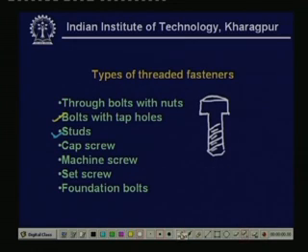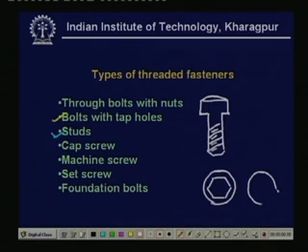this looks like this here, then there is a hexagon slotted over here. Sometimes the head shape also looks like this, so this is a fluted arrangement, and this is a hexagonal socket type arrangement.